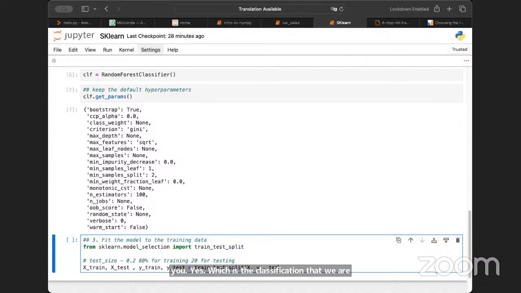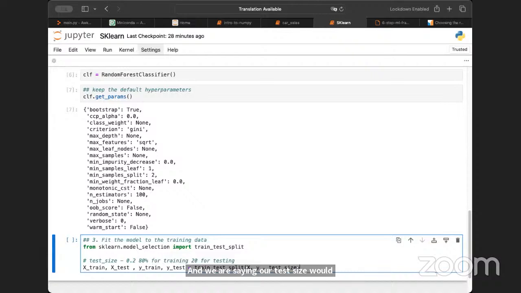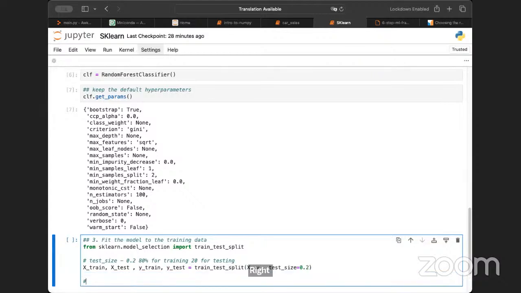And we are saying our test size would be 0.2. Right? Finally.